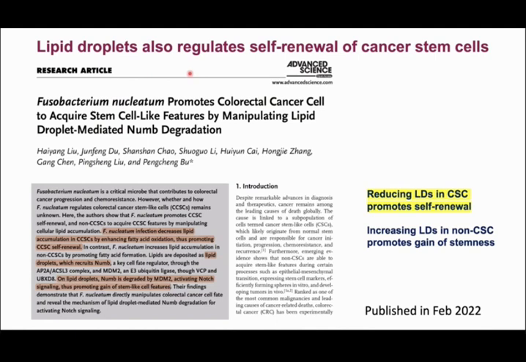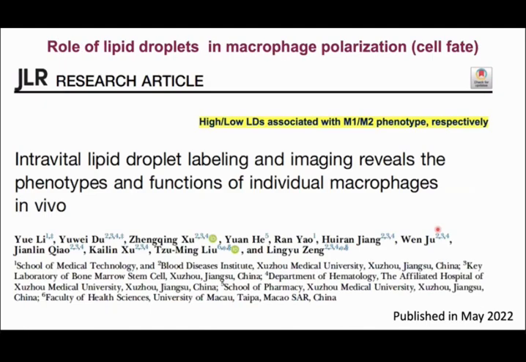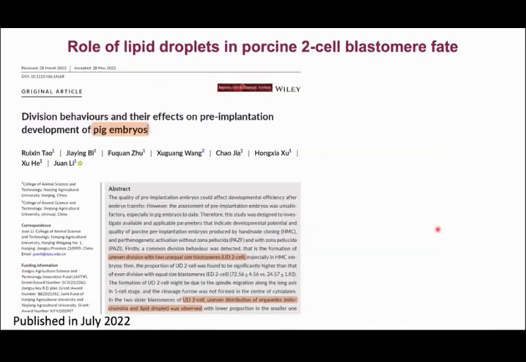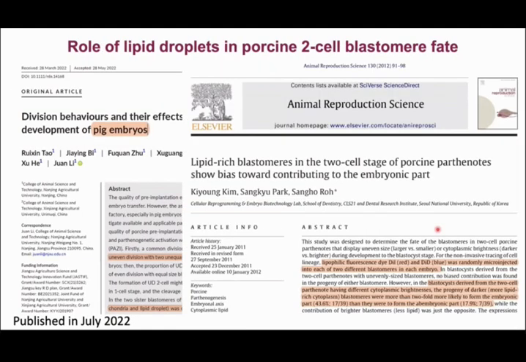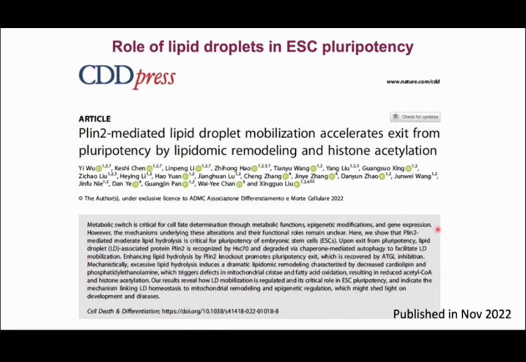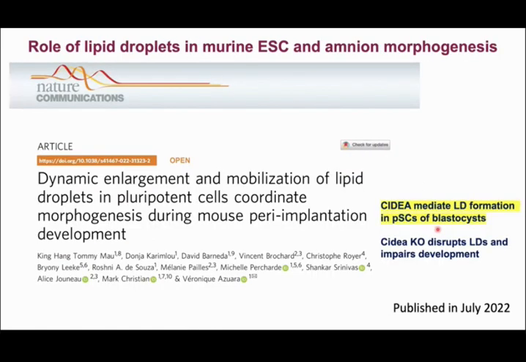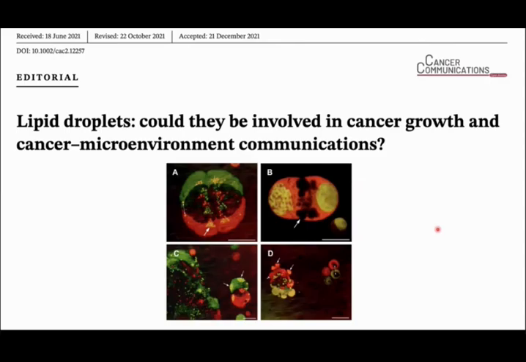Lipid droplets play a similar role in self-renewal and differentiation. I'm going to skip these studies, which just show similar functions of lipid droplets in stem cells of other types, including embryonic stem cells, and also in cancer cells.